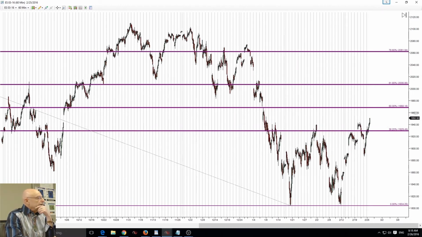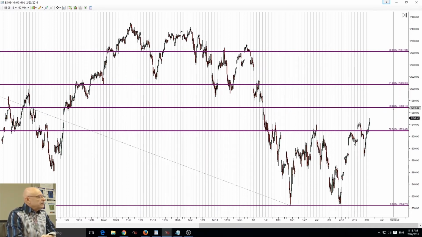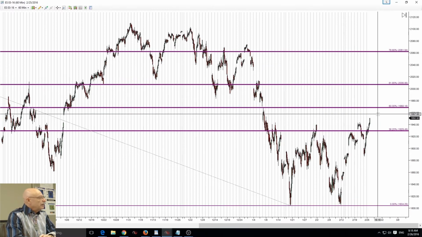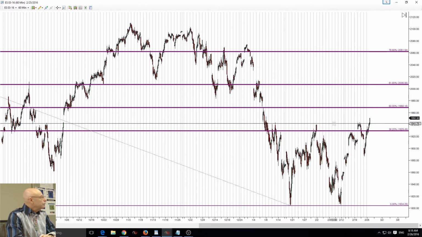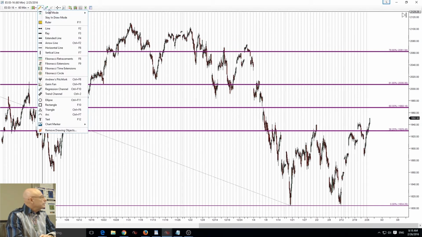Again, on a bigger scale, we're going to hit 1968, which is within our trading range. Our expected resistance, 1961 to 1970, 1960 to 1972 on S&P 500. But again, that line was broken. That resistance was broken.